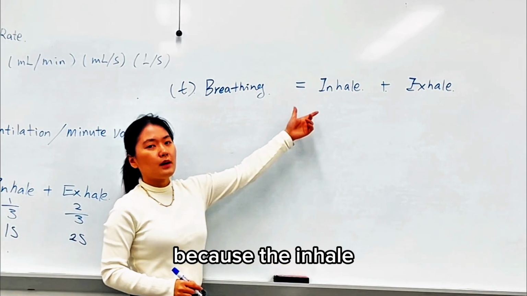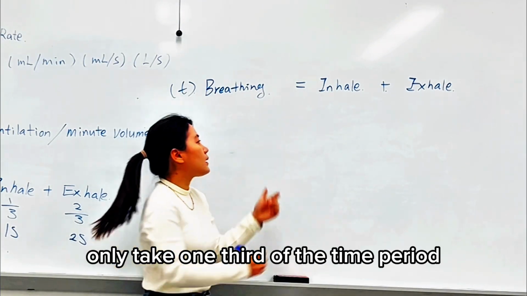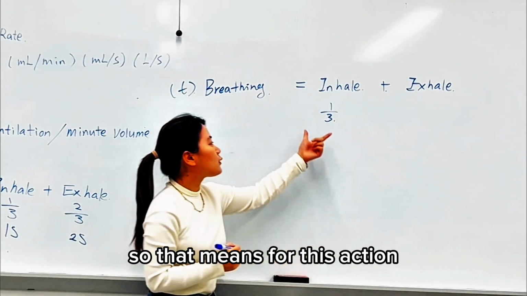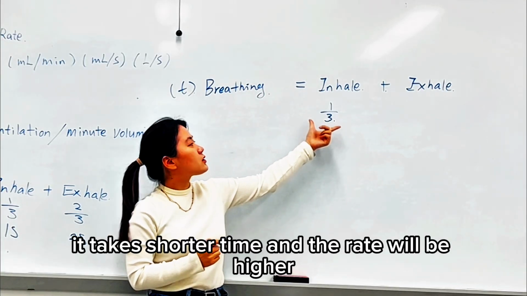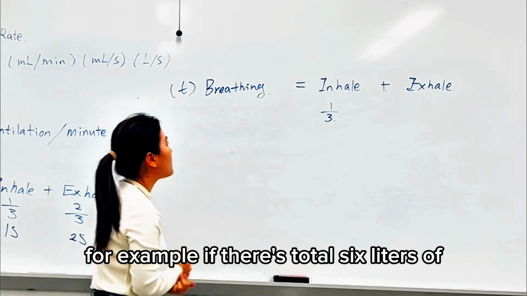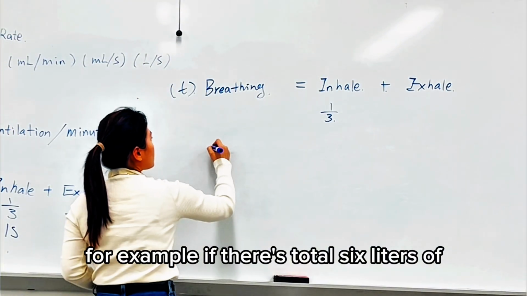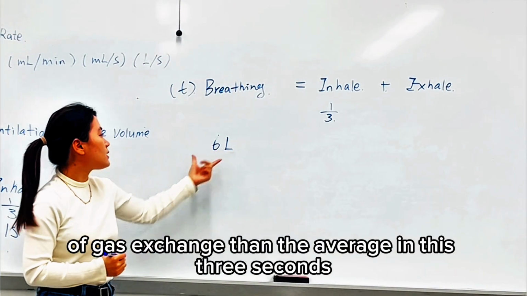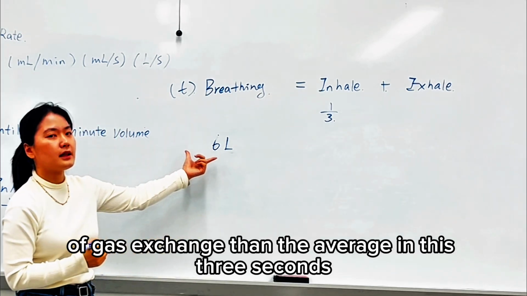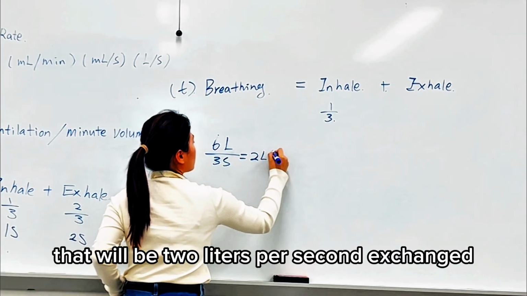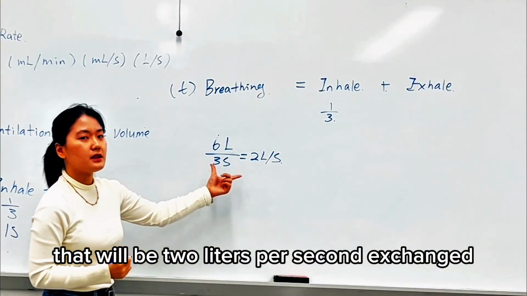Because the inhale only takes 1/3 of the time period, it takes a shorter time and the rate will be higher. For example, if a total of 6 liters of gas is exchanged, then the average over these 3 seconds will be 2 liters per second exchanged.